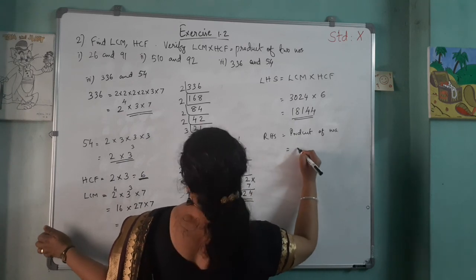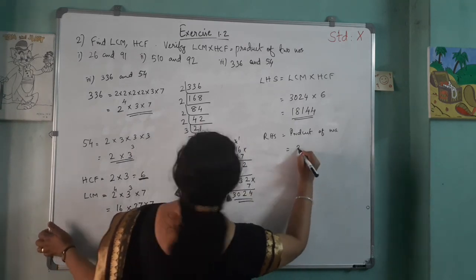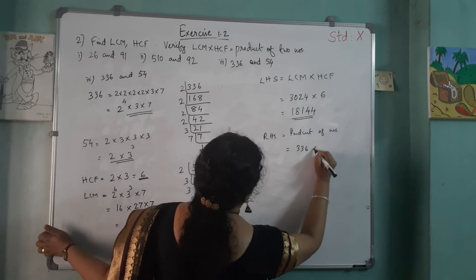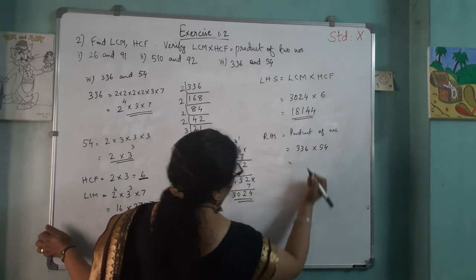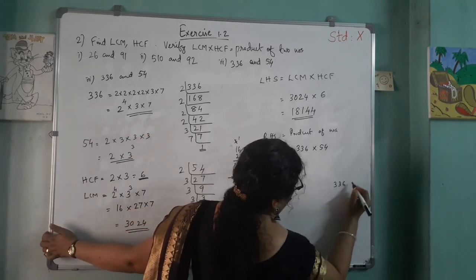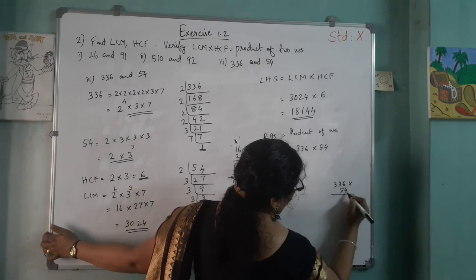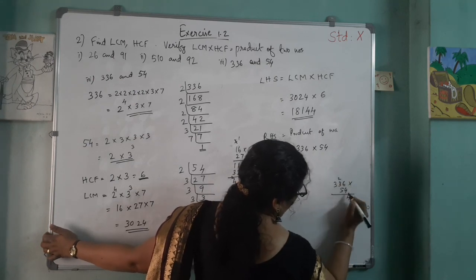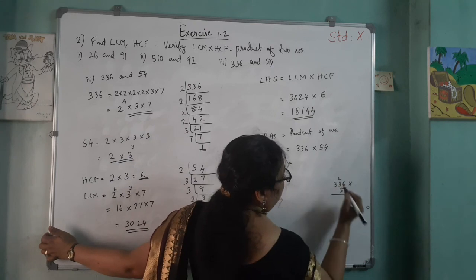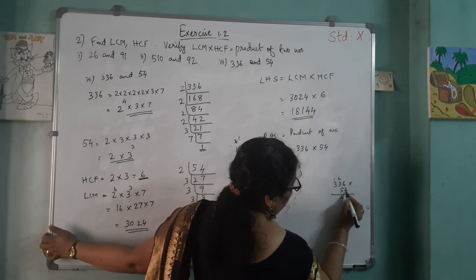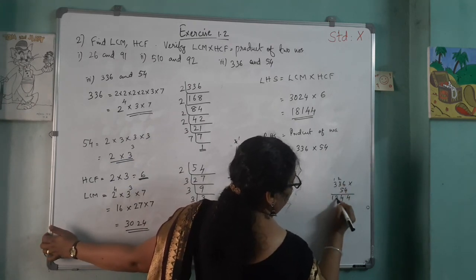that equals, what are the numbers? 336 into 54. 4 6s are 24, 2 carrying. 4 3s are 12 plus 2 is 14, 1 carrying. 4 3s are 12 plus 1 is 13.